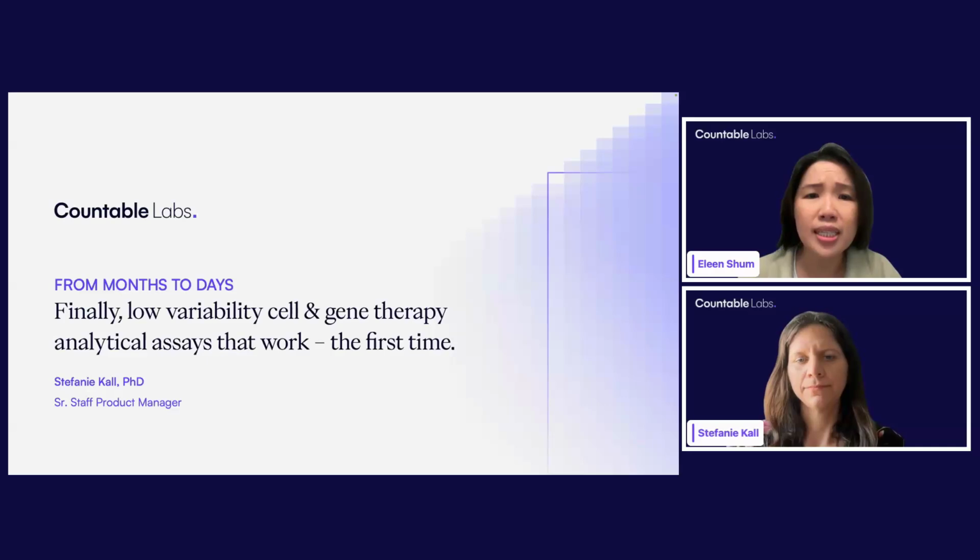And as a result, many teams still rely on qPCR for convenience, right? Even though the data falls short for them. And for countable PCR, we eliminate that compromise. We deliver digital level performance with a qPCR-like workflow, no optimization, no specialized instrument, and no steep learning curve.